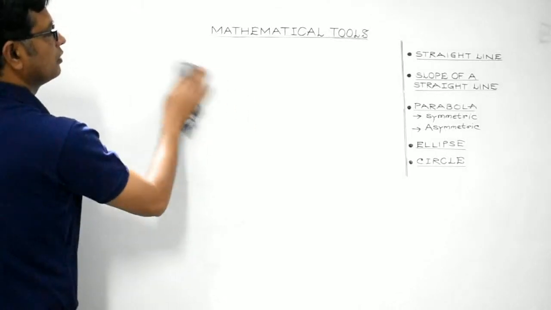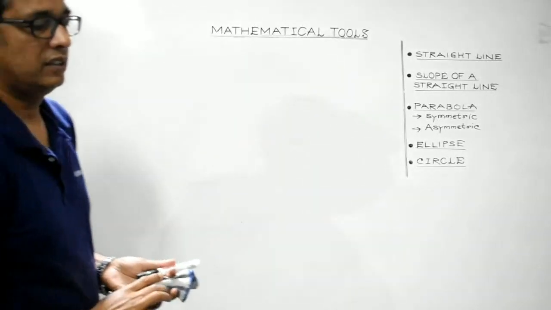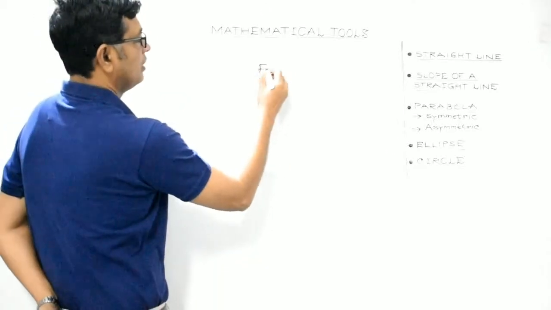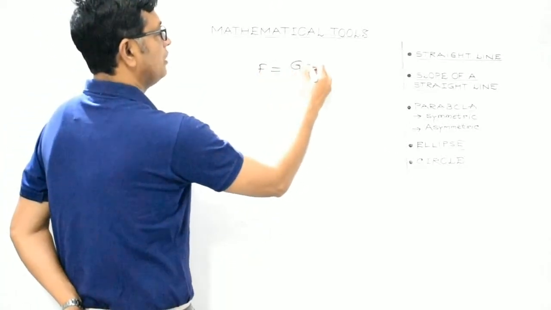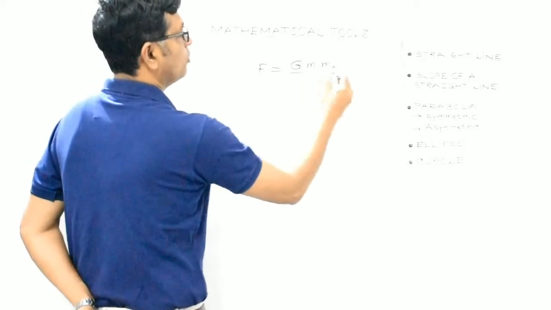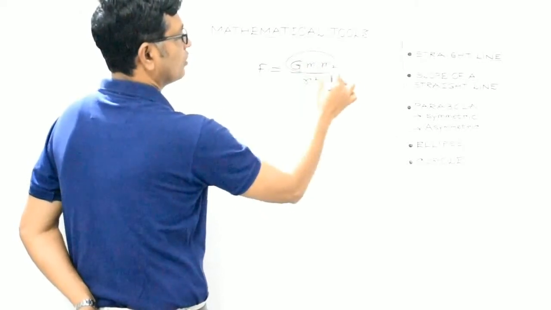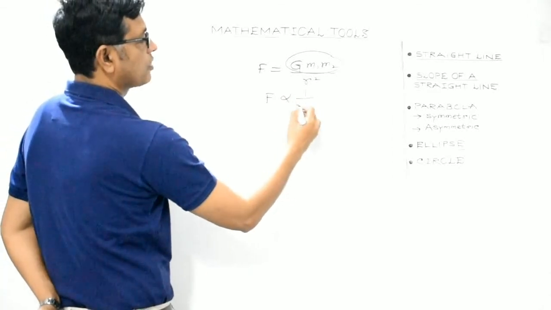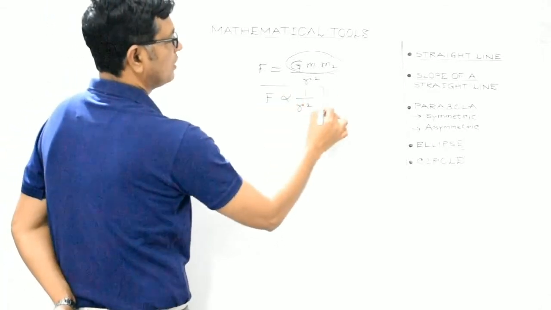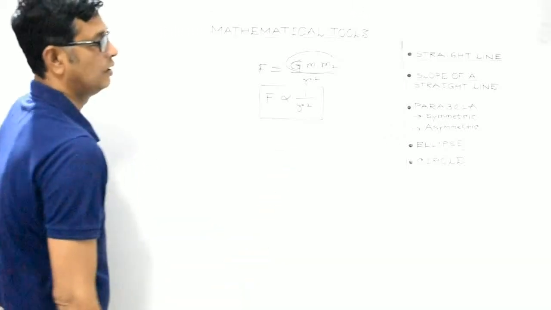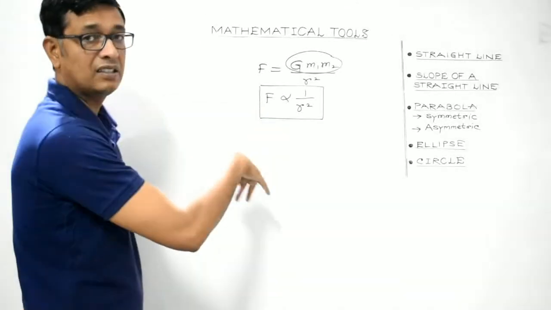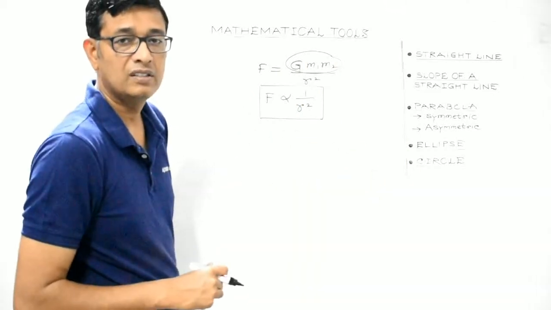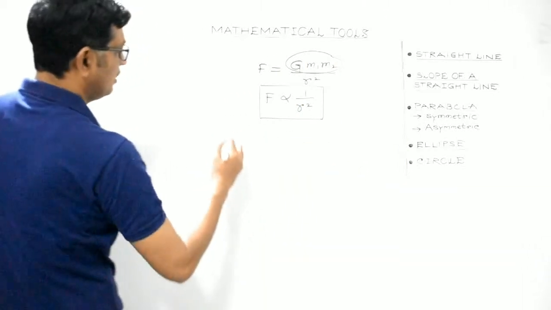We are aware that the gravitational force is given by G m1 m2 by r square. This is constant. So these are the two variables. It is inversely proportional to the square of the distance between the two bodies. So if a physical quantity varies inversely as the square of the other physical quantity, then the graph would be in this particular form.